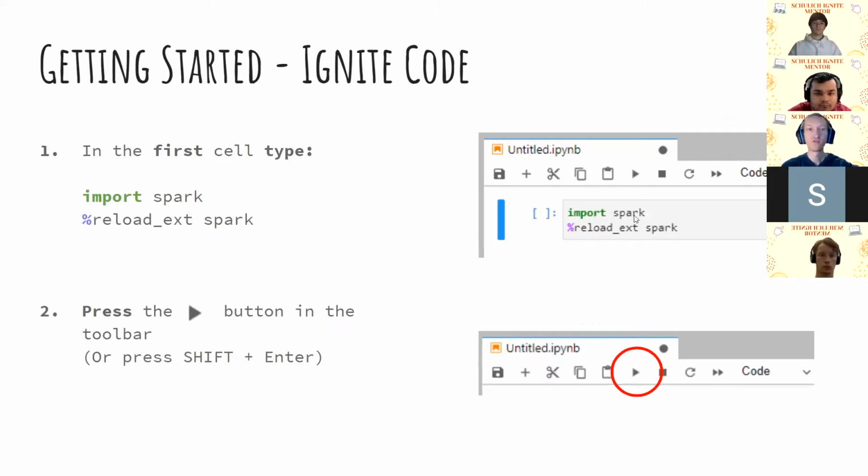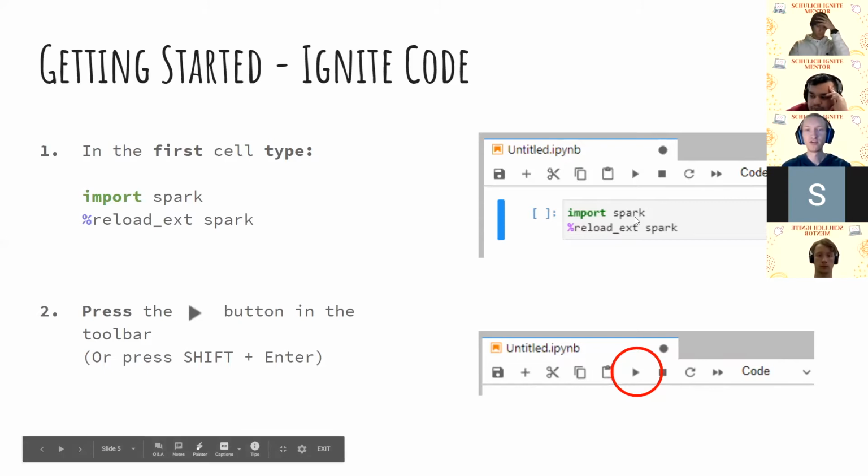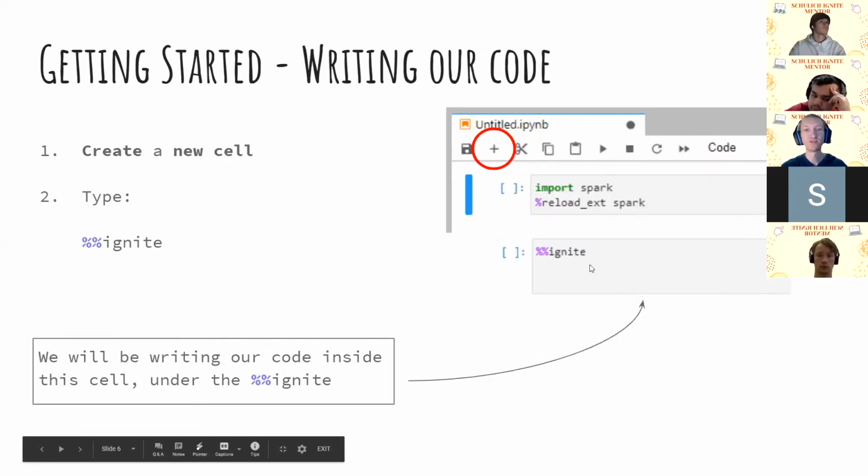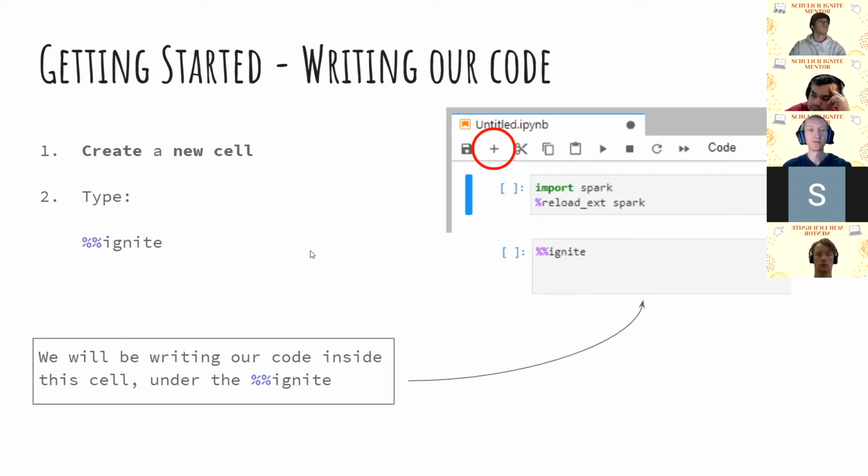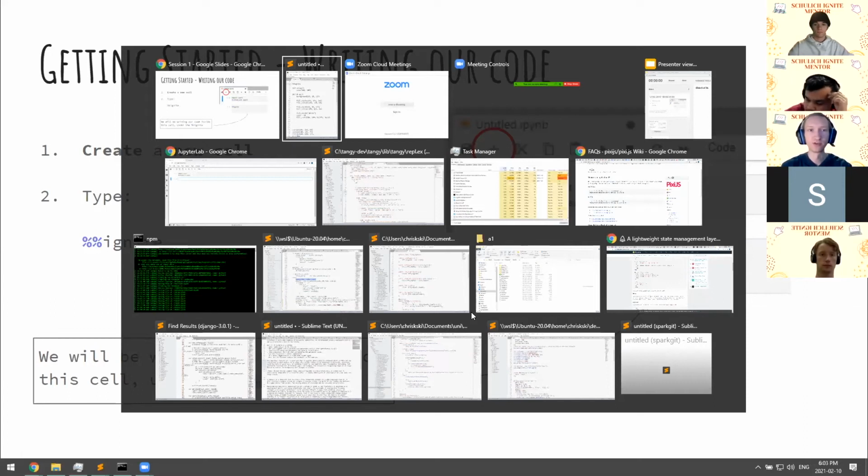In your first cell, you need these two lines: import spark and %reload_ext spark. Then you have to execute that cell. Then you can create a new cell, and in there at the very top, you need to have this little line, %%ignite. After that, you'll put in all your code. So I'll show how that all looks.